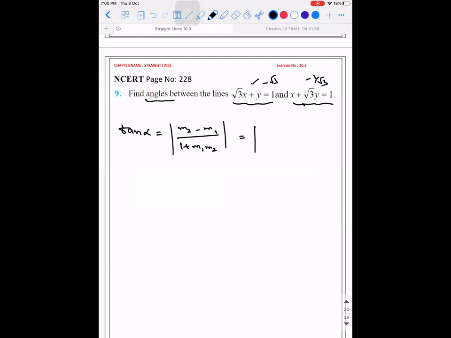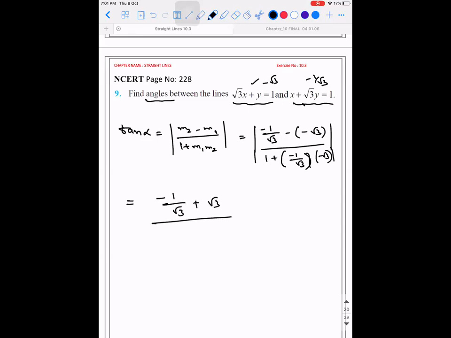So m2 is minus 1 by root 3 minus m1, which is minus root 3, divided by 1 plus m1 m2, that is minus 1 by root 3 into minus root 3. So minus 1 by root 3 plus root 3, the whole divided by 1 plus 1, as the root 3 and root 3 get cancelled, that is 2. So you will have (3 minus 1) divided by 2 root 3.